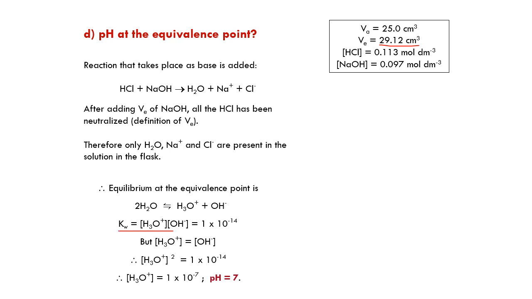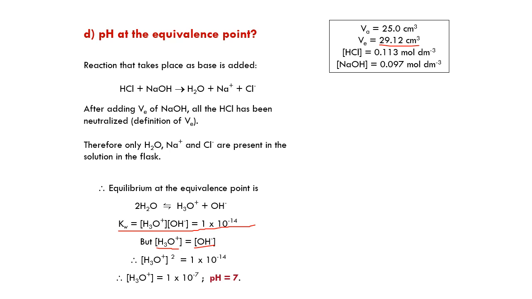So we're using the equilibrium constant for water. Every time we have these two molecules interacting, we're producing one of each ion. So there's equal concentration of hydronium and hydroxide. And so we can rewrite this equation using hydronium ion concentration squared and solve for the hydronium ion concentration.